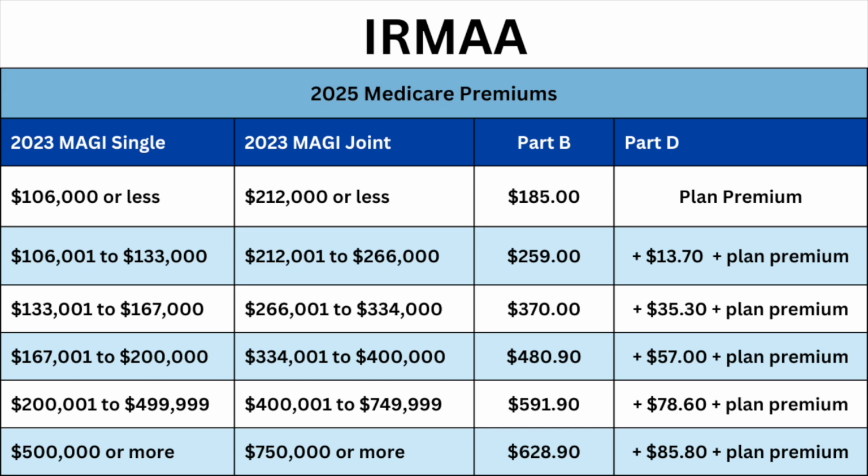You will pay a lot more if your income is over a certain threshold, and it does go by your adjusted income in the prior 2 years. So it will go by the last 2 years of your adjusted gross income, and that would tell you how much your Part B premium is. But like I said, most individuals will pay $185 in 2025.